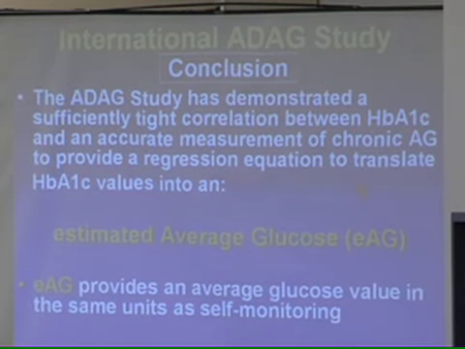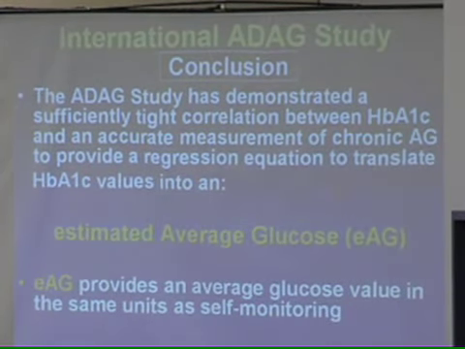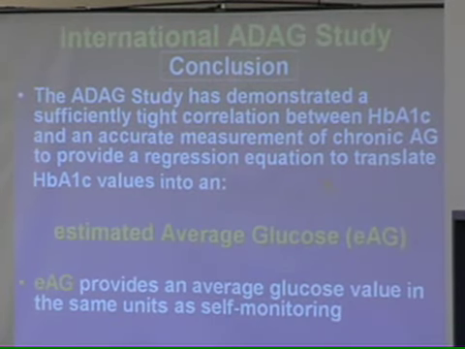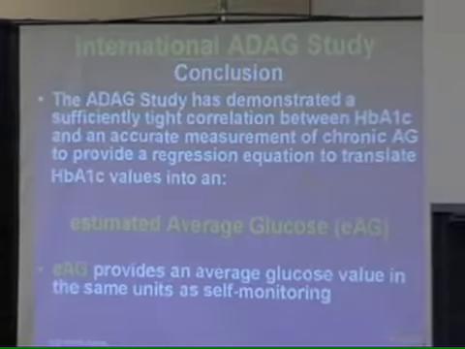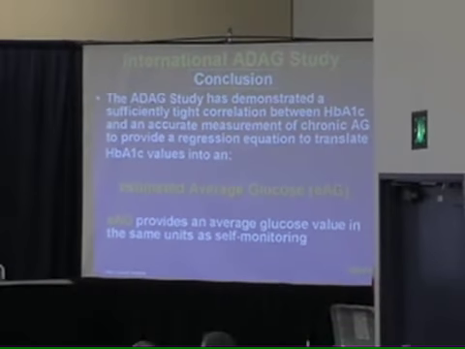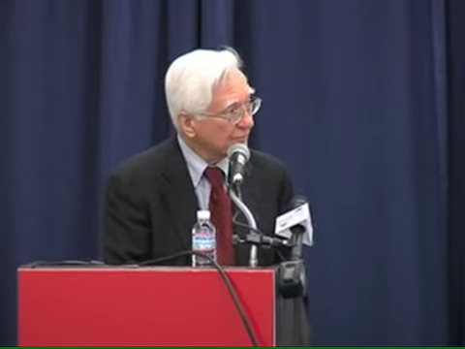A conclusion of the study was that the ADAG study has clearly demonstrated a sufficiently tight correlation between hemoglobin A1c and an accurate measurement of chronic average glucose to provide a regression equation to translate hemoglobin A1c values into an estimated average glucose. And EAG provides an average glucose value in the same units as what our patients use when they do their self-blood glucose monitoring.